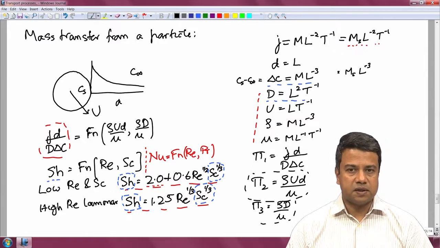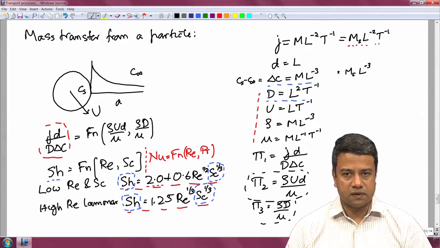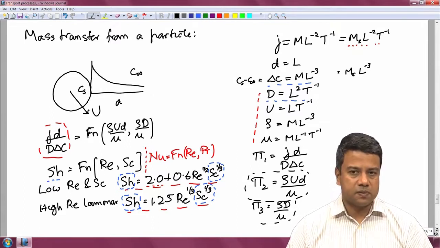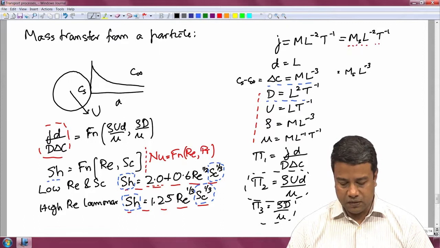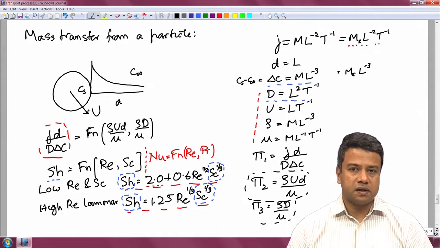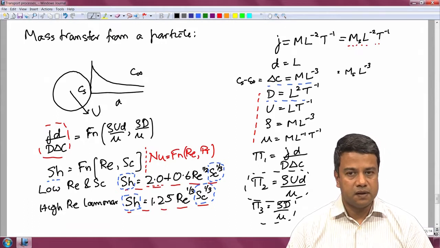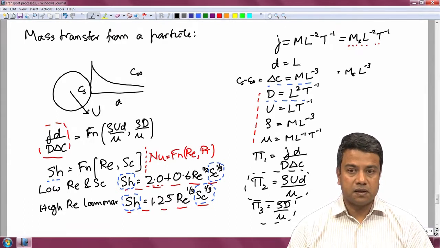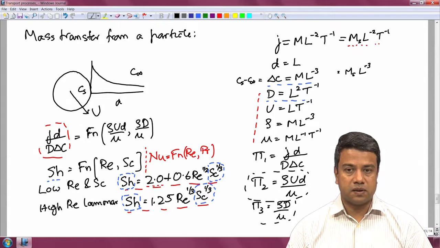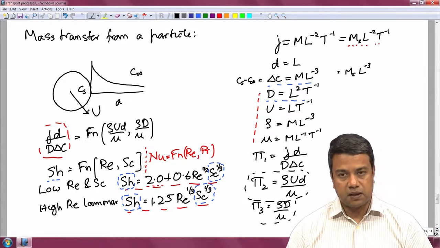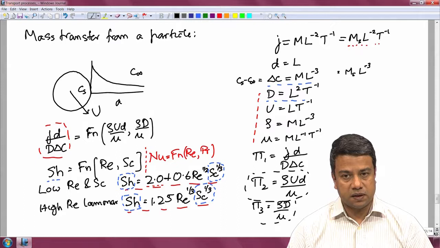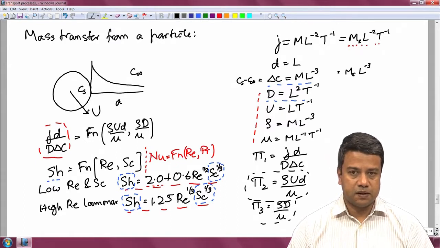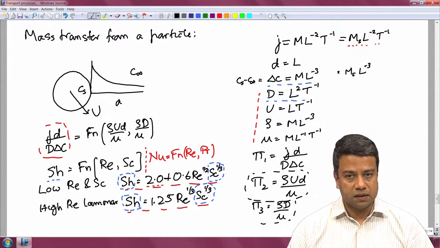If you know the correlation for mass transfer in terms of the dimensionless groups, the Sherwood number, the Reynolds number and the Schmidt number, you can get an equivalent correlation for heat transfer, where the dependent dimensionless group now is the Nusselt number, the dimensionless heat flux, and the independent groups are the Reynolds number and the Prandtl number. How do these things come about? And that is what we are going to study in the present class.